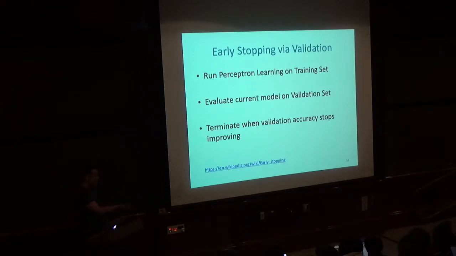We evaluate the model that we're training on this validation set. And when the validation accuracy stops improving, we stop. That's what early stopping means. And you can do this for a variety of machine learning algorithms, Perceptron being one of them. So this is a way of saying, okay, this data set is not linearly separable. That's fine. We'll just run the Perceptron algorithm until the error on the validation set doesn't decrease anymore, and then we'll call it a day.